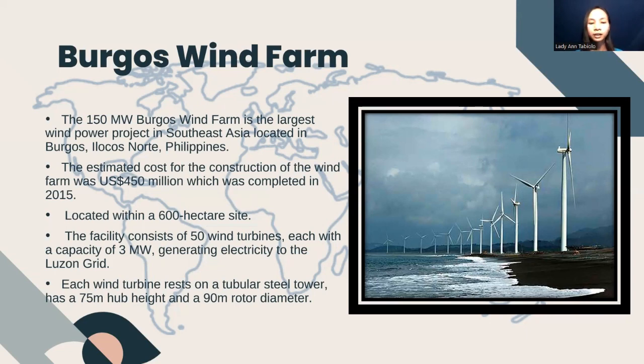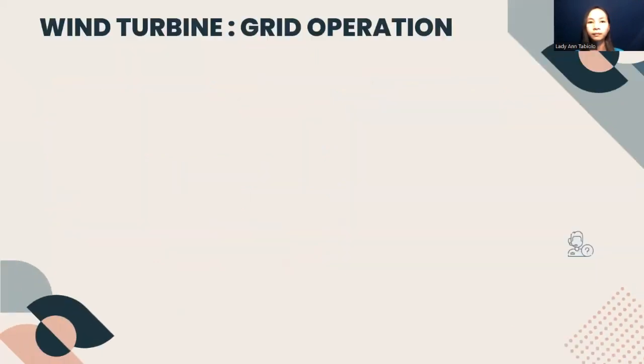Then additional knowledge lang, according sa Philippine Department of Energy, nag-set sila ng goal na mag-add pa ng about 2,870 megawatts by the incoming 2030.